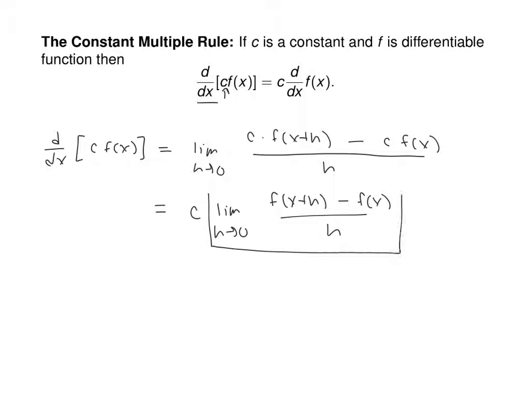And this thing right there is just the derivative of f of x. But that's the reason the constant can factor out. It comes from using that limit definition and saying, okay, constants can factor out of limits, therefore they factor out of derivatives. You're going to use this rule so much, you're going to kind of even forget that it's a rule. Okay?